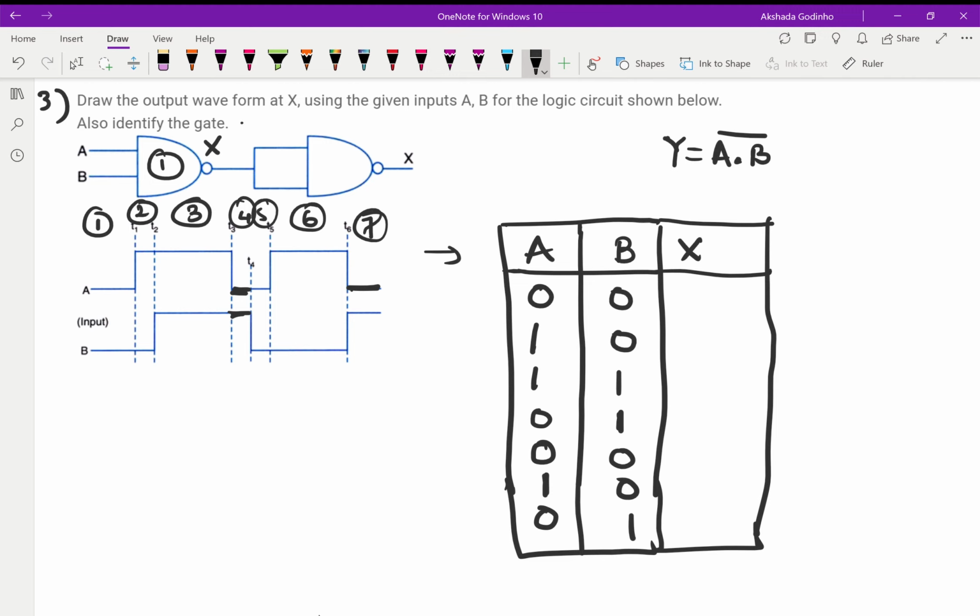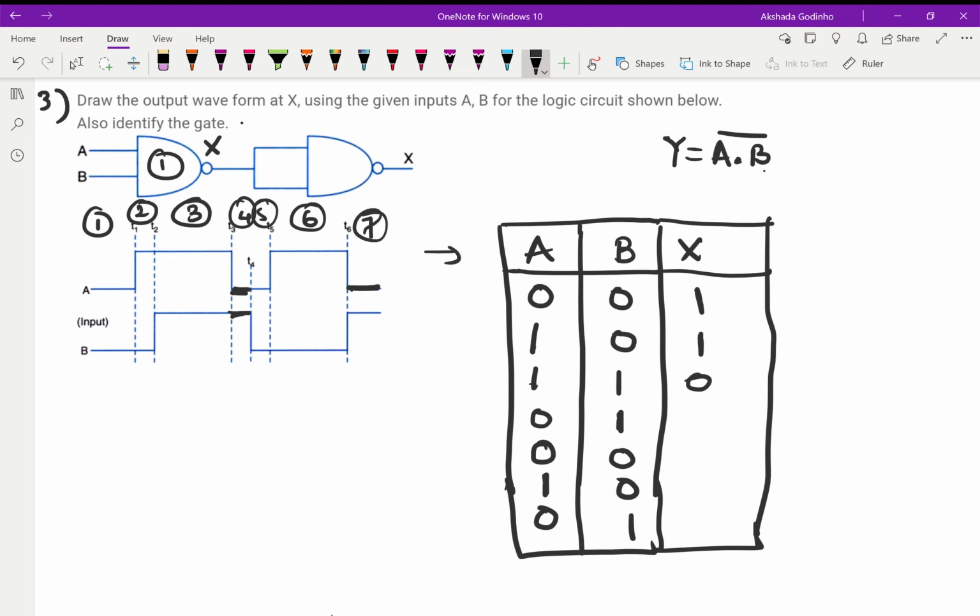So the value for X, what will it be if the inputs are 0 and 0? 0 into 0 is 0. Inverse of it is going to be 1. 1 into 0 is 0. Inverse of it is again going to be 1. 1 and 1 is 1. But the inverse will be 0. 0 and 1 is 0.